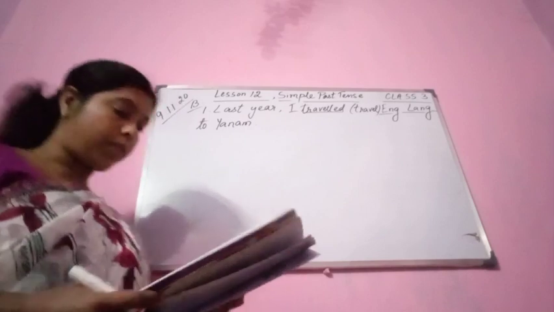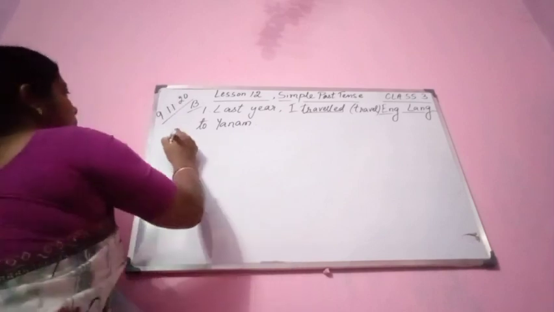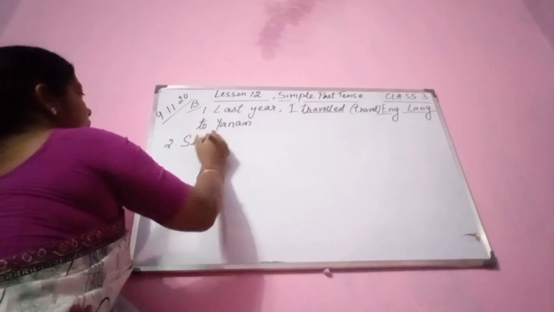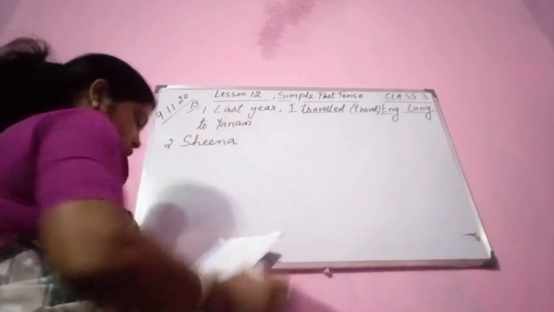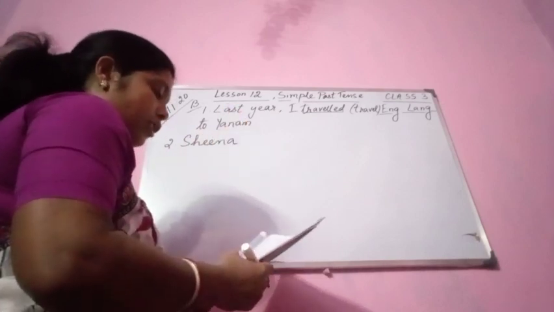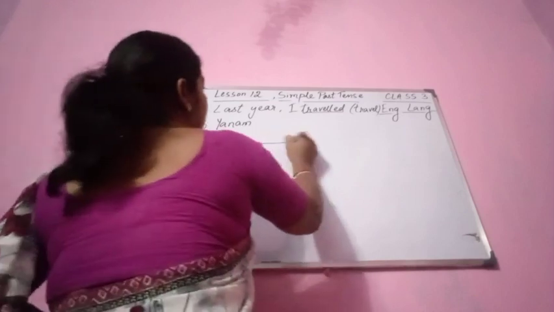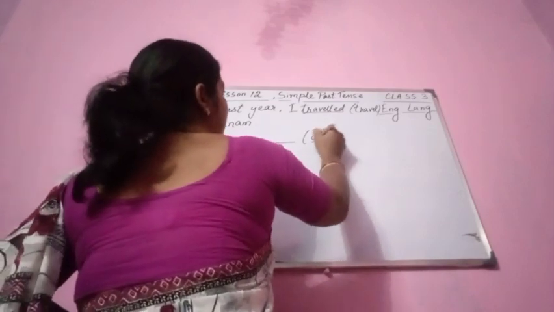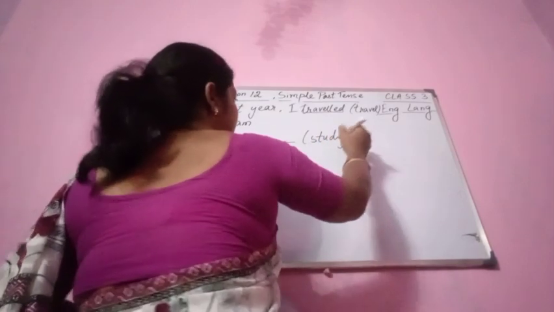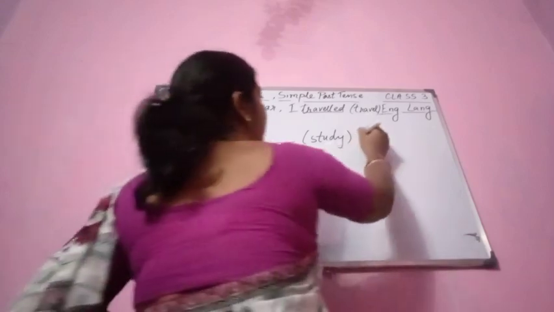Number 2: Sheena dash French for 3 years. Here the verb given is study. Sheena studied French for 3 years.